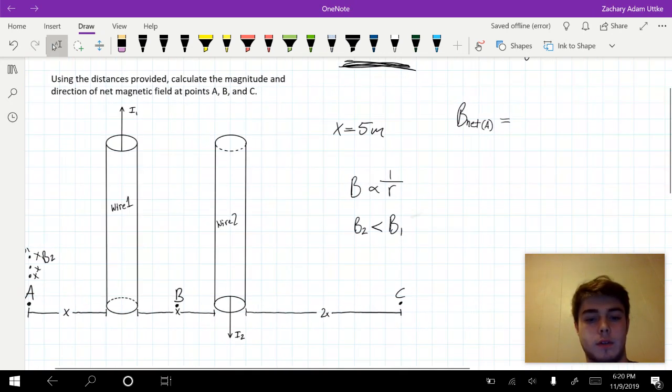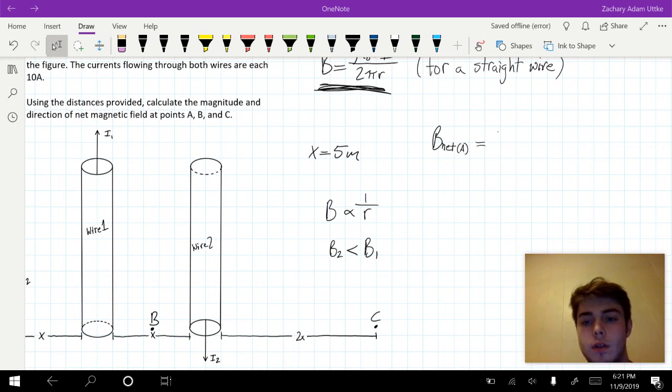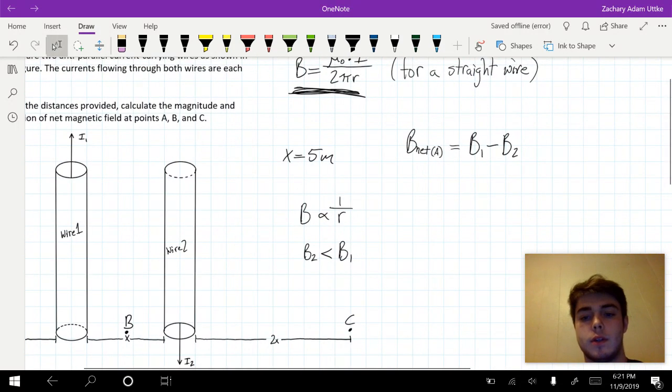So let's solve this. Let's say it's B1 minus B2. And again, the reason why I'm doing B1 minus B2 is because B1 is stronger. It's going to win. So let's plug our values in.